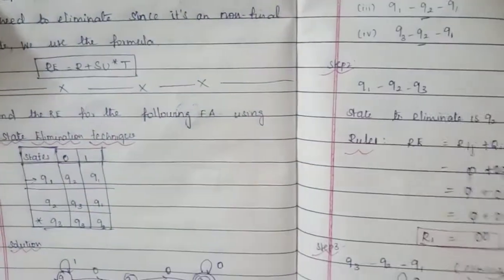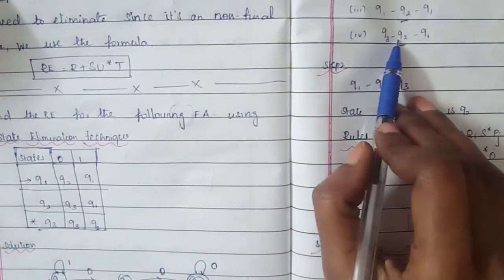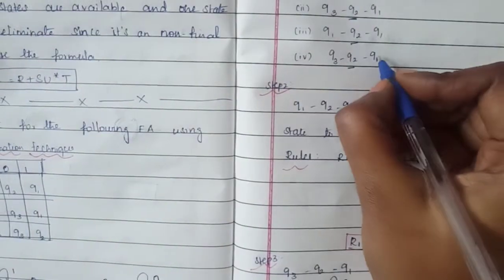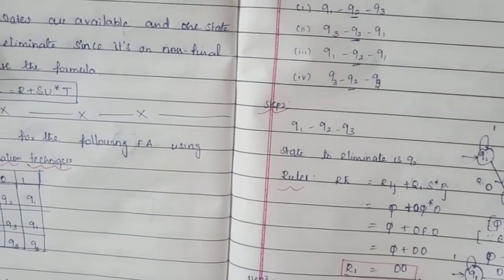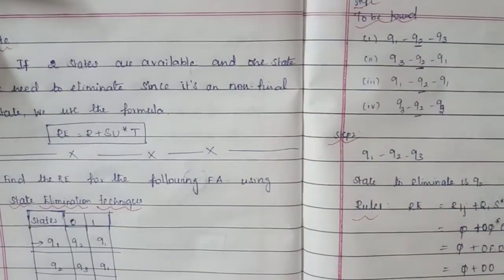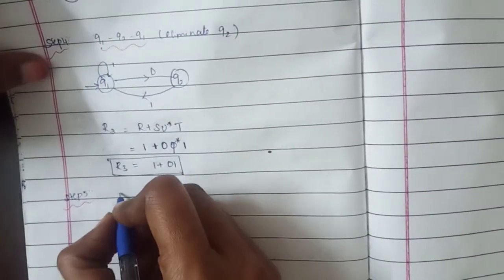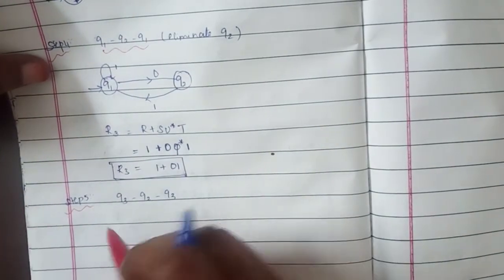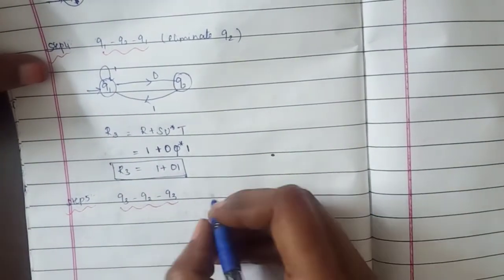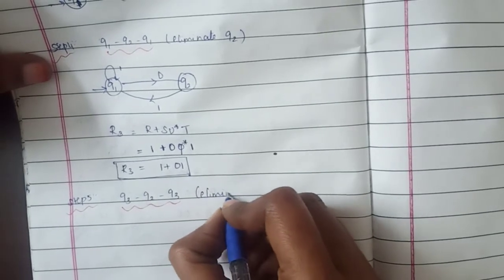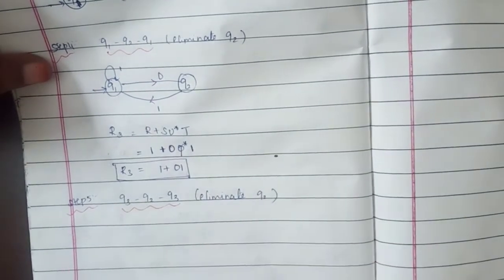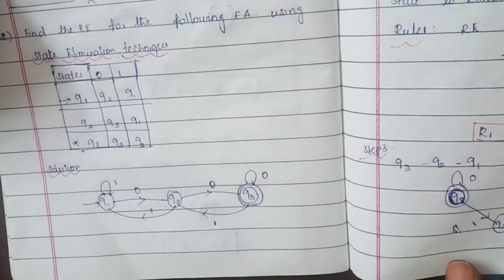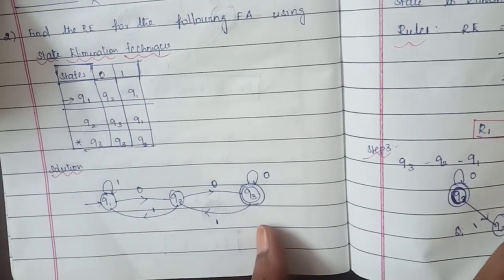And finally we'll have this step 4, so step 5. So in step 5 we need to eliminate Q2 and the transition is Q3 Q2 Q3. So this is not Q1, this is Q3. Okay, so Q3 Q2 Q3. Okay, it is kind of a self loop. So here also we have to eliminate Q2, right? For this we have to look back at the transition diagram.